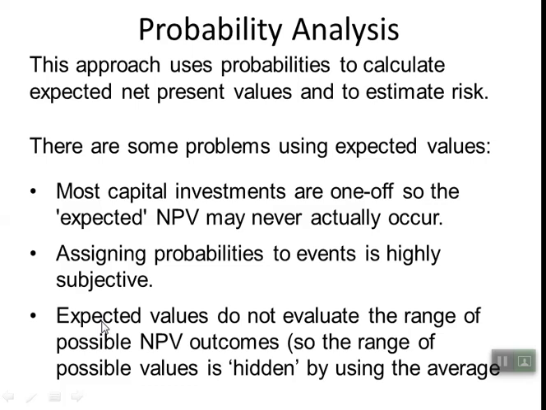So when you get the probability times your discounted cash flows, then you get the expected present value. So you get the expected present value minus your initial investment, then you are able to get your expected net present value.